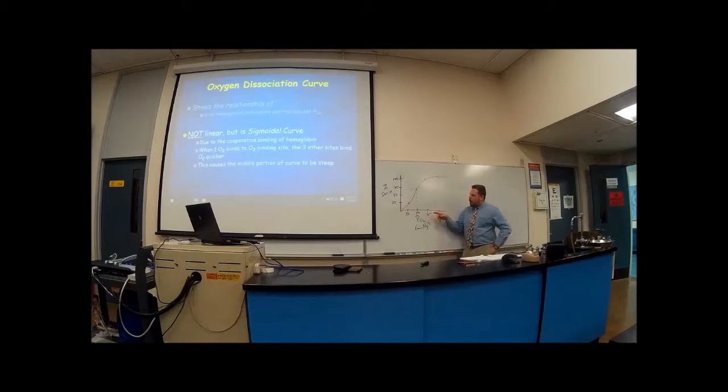What I'm showing here is that even if you breathe in 75 millimeters of mercury, you don't have to breathe in 100 amount of oxygen. You just have to breathe in 75, and that's almost as close as making it go up to 100% of your hemoglobin filled. You see the concept there? You don't need to breathe in 100% oxygen. Even at 20 millimeters, you've got a lot of oxygen coming on.